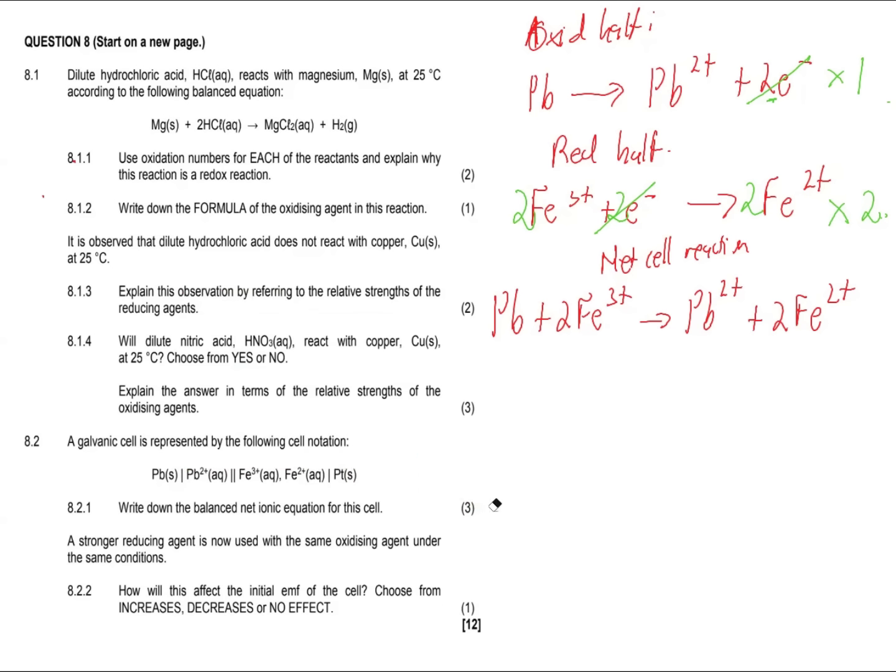Okay, then a stronger reducing agent is now used with the same oxidizing agent under the same conditions. How will this affect the initial EMF of the cell? Choose from increases, decreases, or no effect, right? So now they're using a stronger reducing agent. Where do we find a stronger reducing agent?